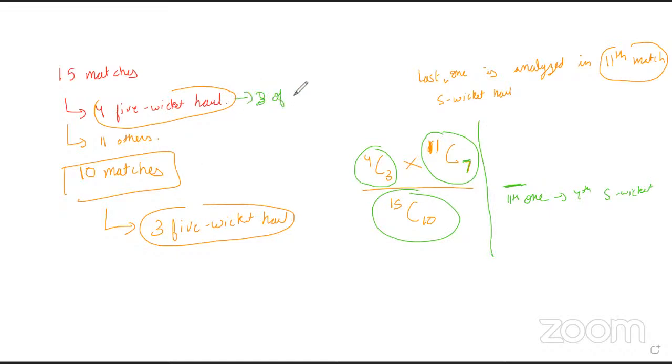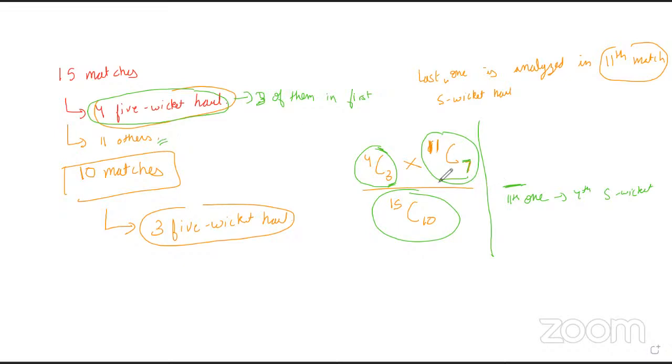Sir, could you explain what is 4C3? 4C3 means I am picking 3 of his 4 5-wicket haul matches. You are picking any 3 out of these 4 5-wicket hauls. Yeah, and 7 others from these 11.